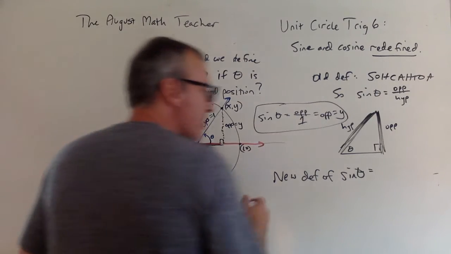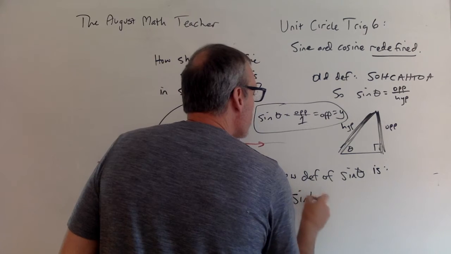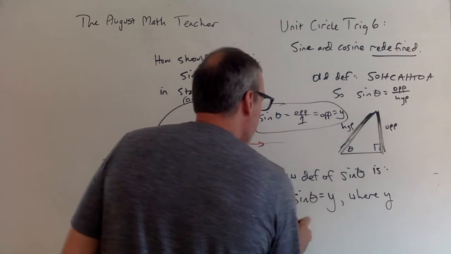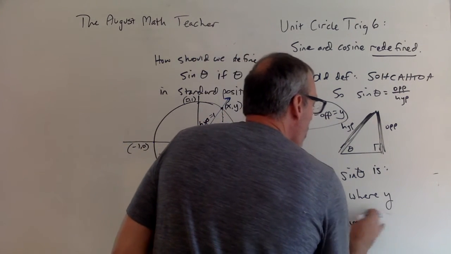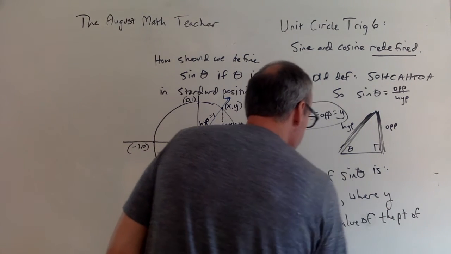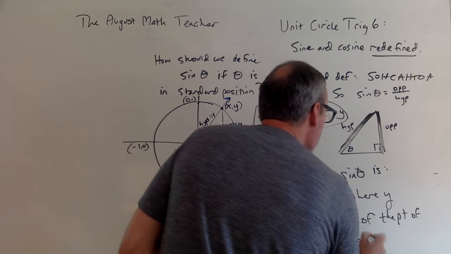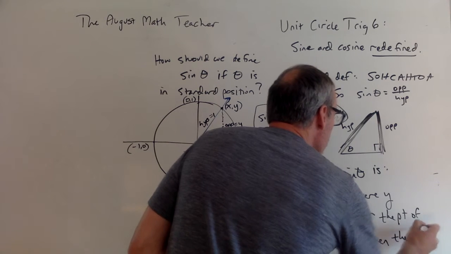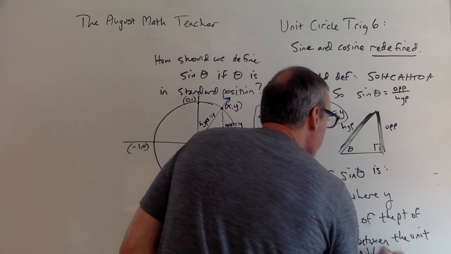The new definition is that the sine of theta is equal to y, where y is the y value of the point of intersection between the unit circle and the terminal ray of theta.